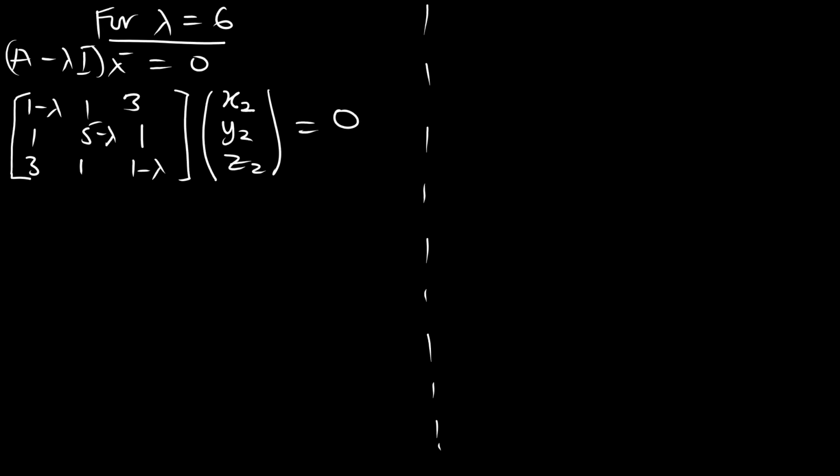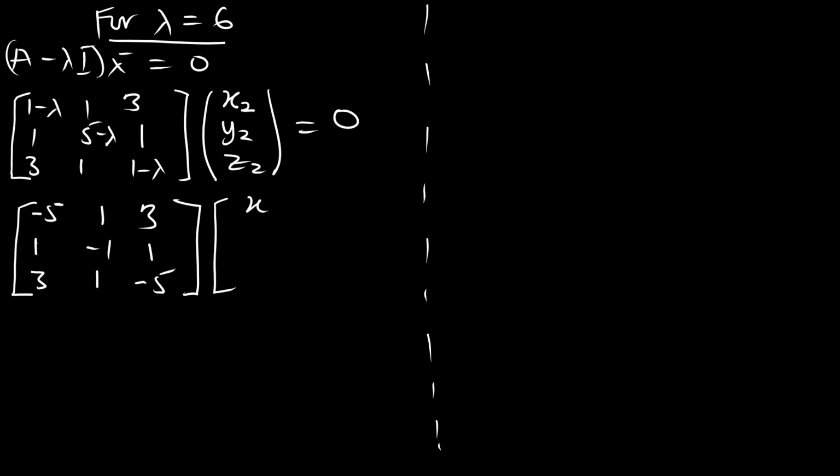Let's try to put in the value of lambda equal to 6, and we are going to get this matrix that is going to be negative 5, 1, 3, then 1, negative 1, 1, then 3, 1, and negative 5. Multiplying the same x2, y2, and z2 equal to 0.